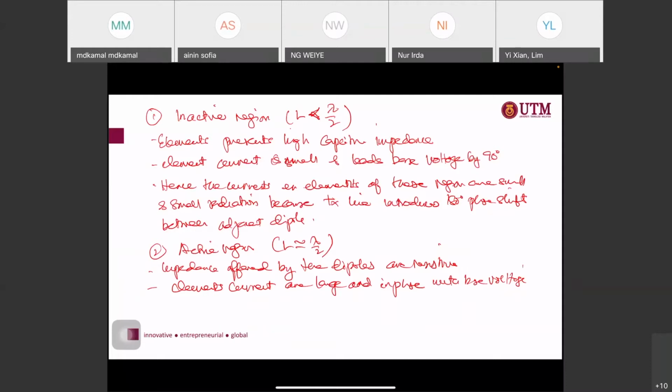So for this active region, if you have the dipole like this, the radiation actually comes from here, backwards. So this is the active region.